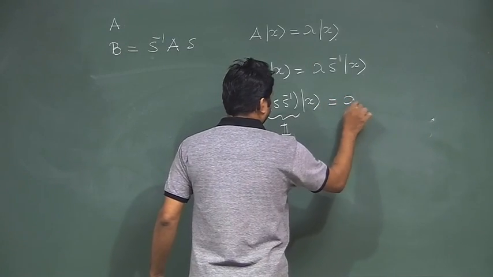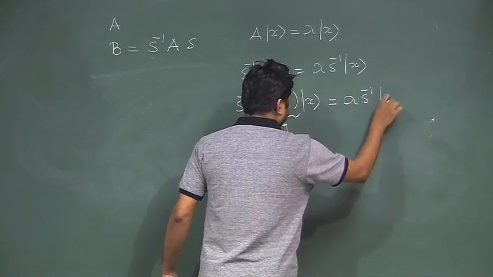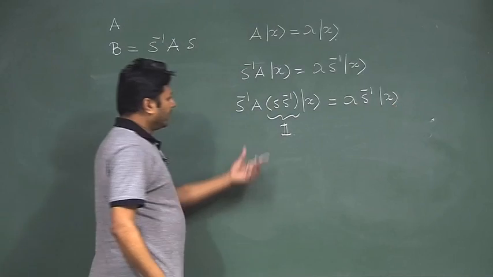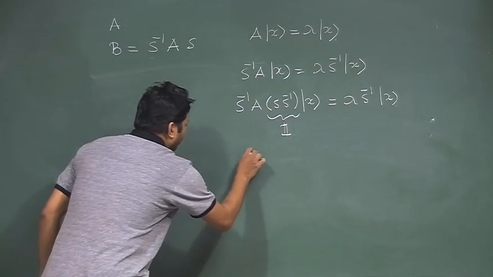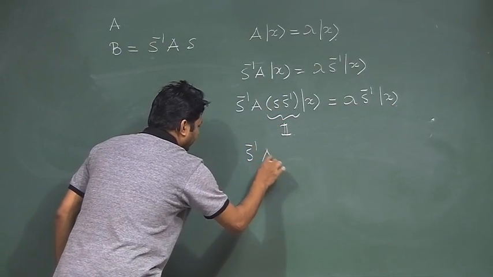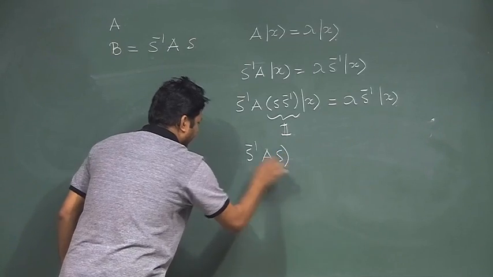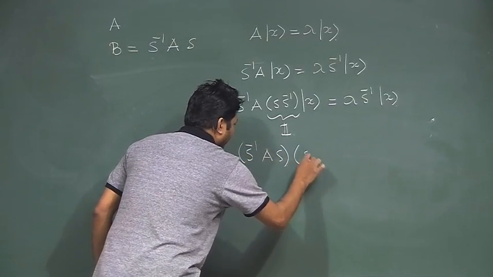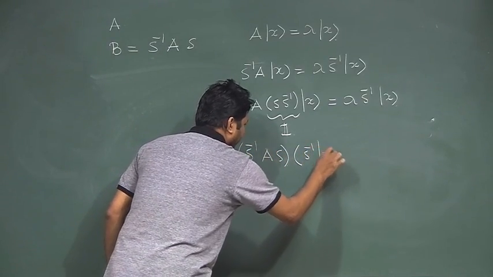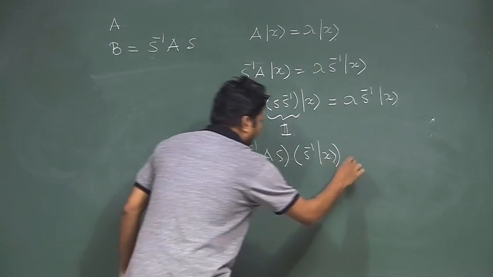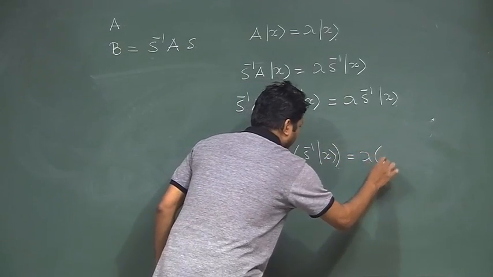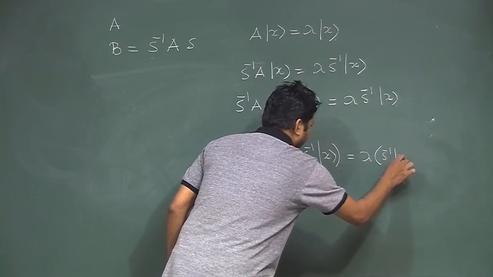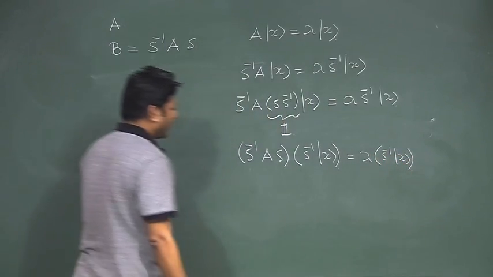So, lambda S inverse x will remain. This quantity I can now write as S inverse A S S inverse x equals lambda S inverse x.